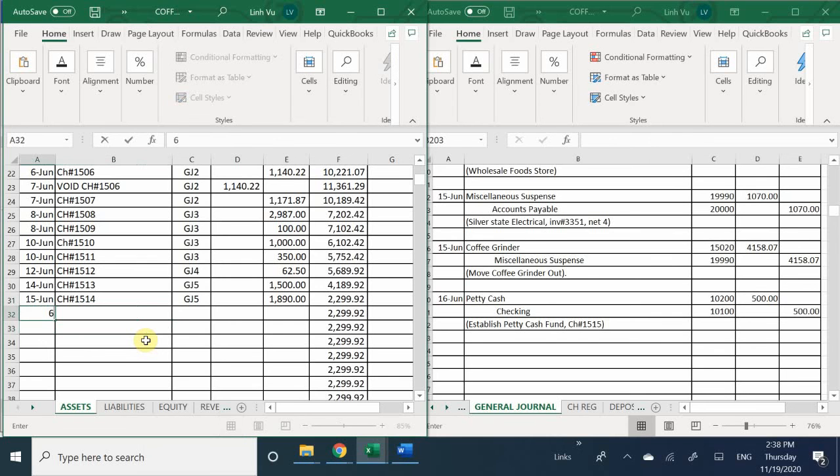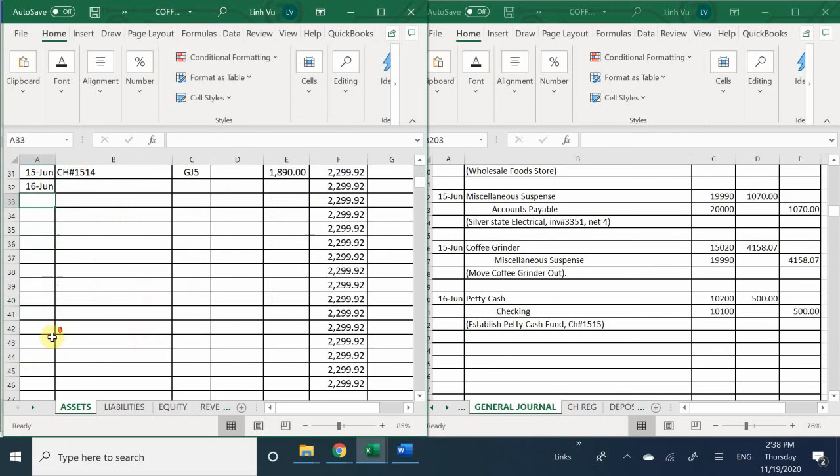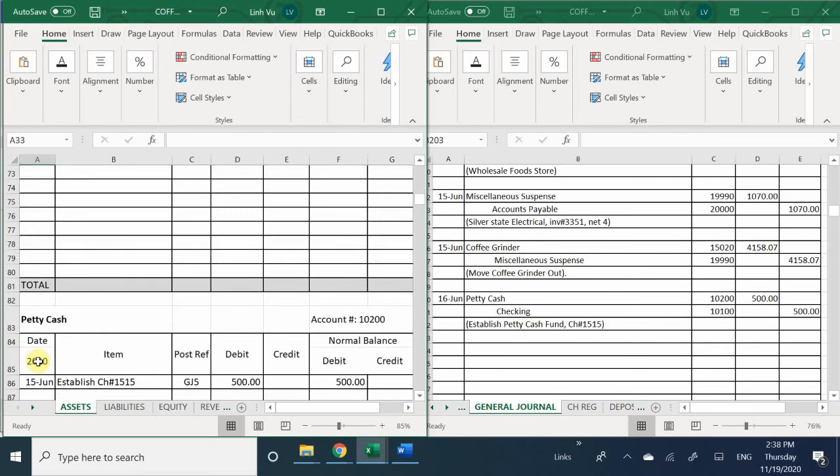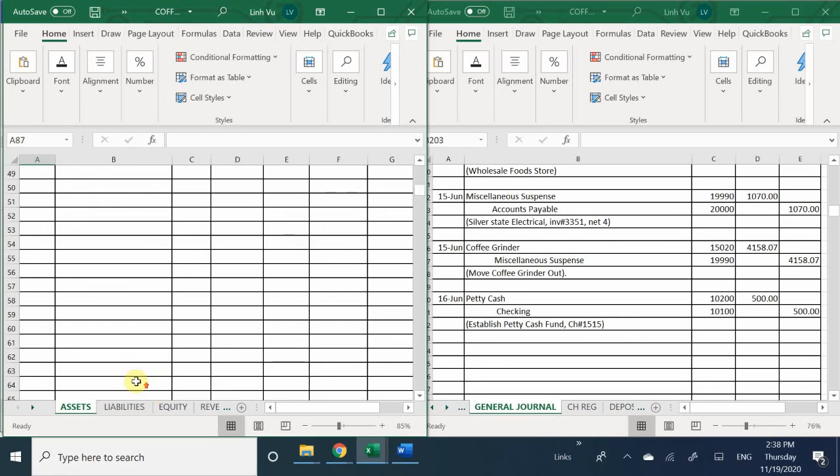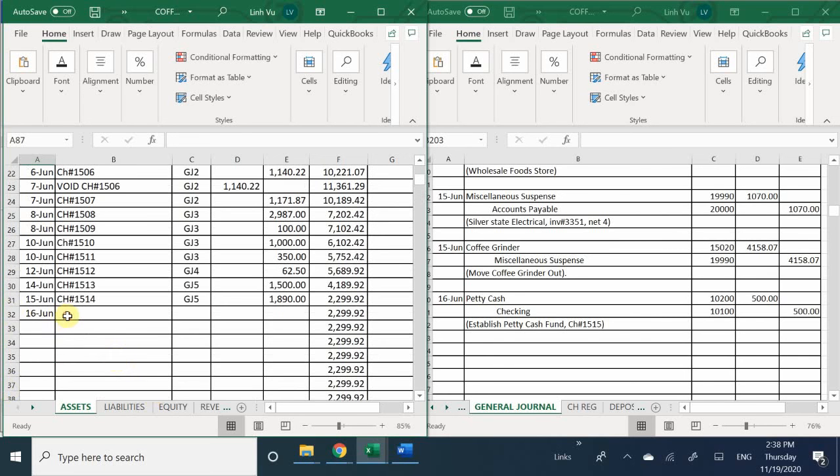Not 6/16, my bad, it's 6/16 here. Check number 1515, and it's the credit column for 500, bringing my account balance to $1,799.92.